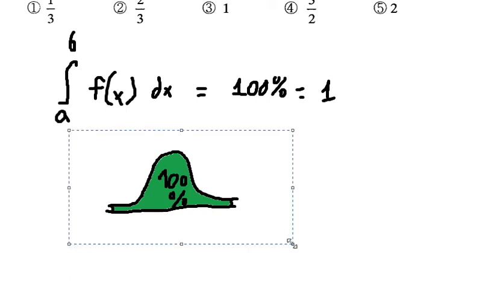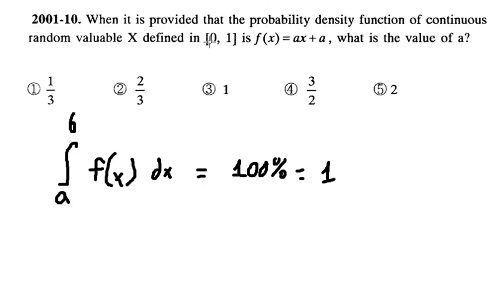So we know that from 0 to 1, 0 will be here and 1 will be here, and the function ax plus a will be here.